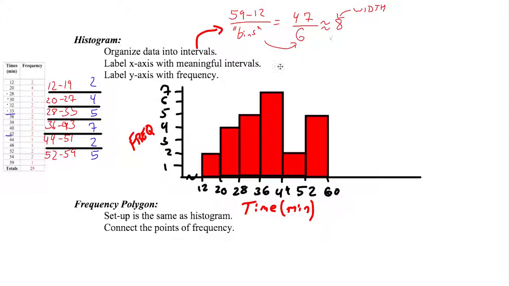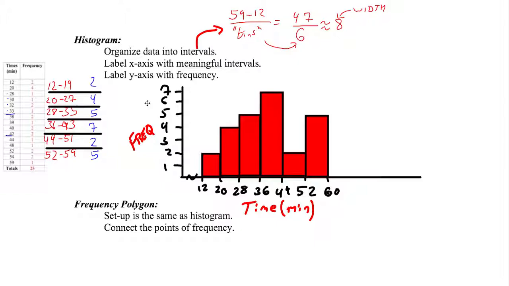I'm rounding because I'm dealing with integer values, so I should probably make this an integer value as well. And that makes it a width of 8. And so by making my intervals, I group the frequencies into these intervals, make my histogram, and I'm done.